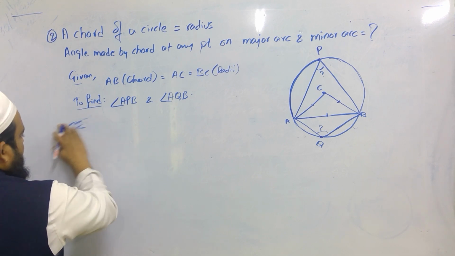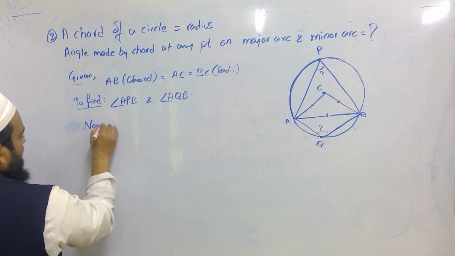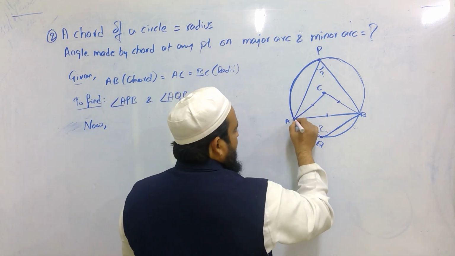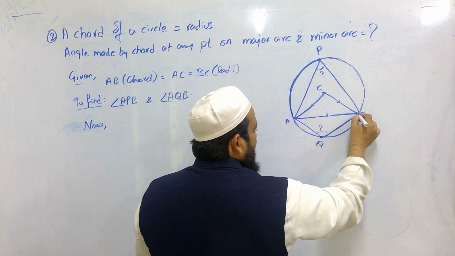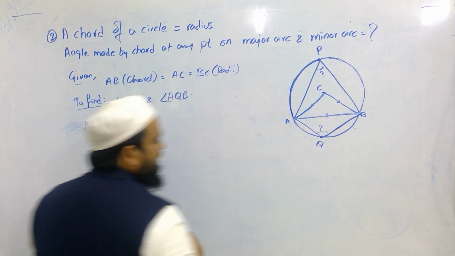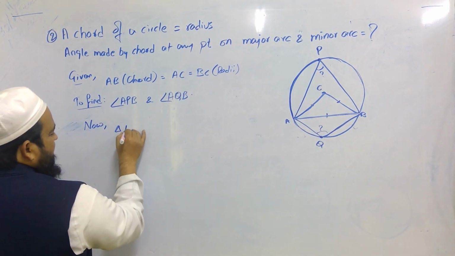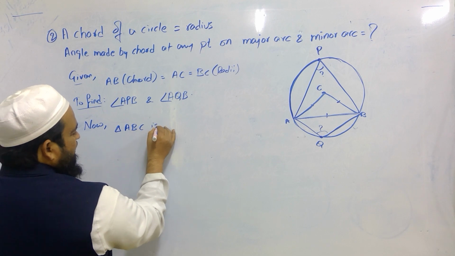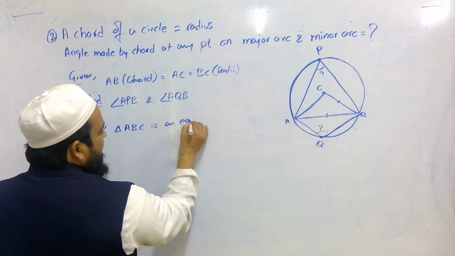So now let us take this triangle first. We have already understood that triangle ABC is an equilateral triangle.